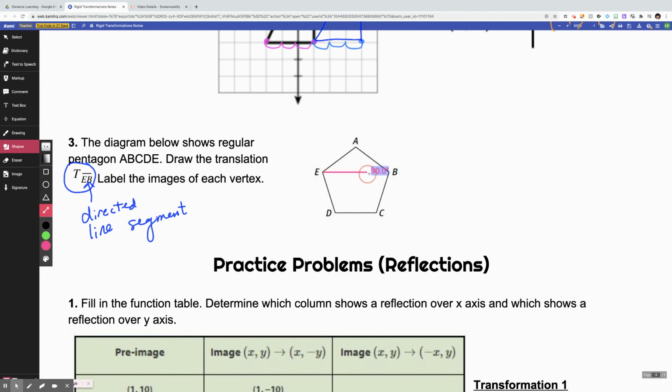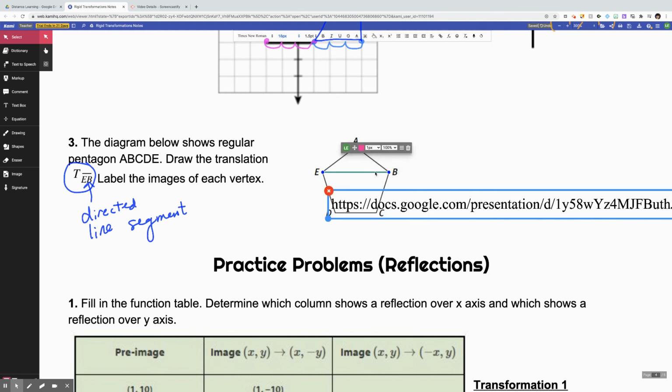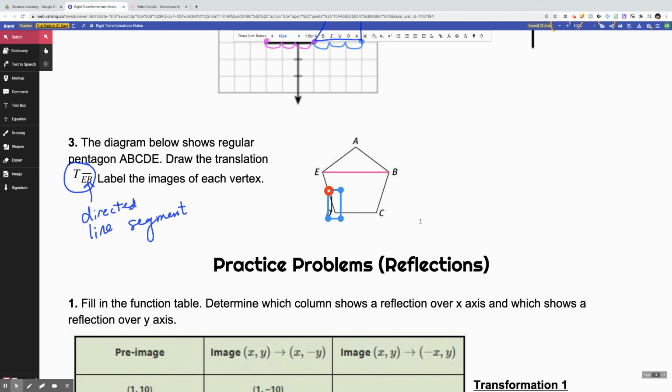So here, that is my directed line segment. So I'm going to see if it will let me copy and paste this guy. Nope, maybe not. But what I can do is I have my directed line segment and I can move it around so that I can see where my new coordinate points are going to go.